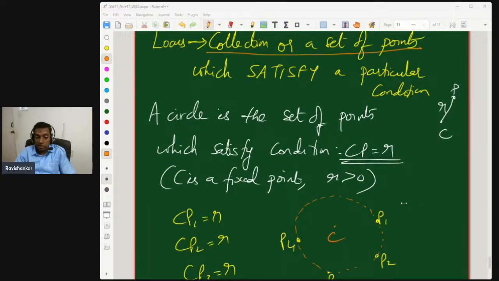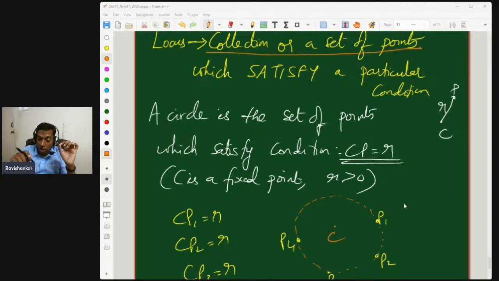In that question 12 or 14, I don't remember now, where there was a locus, I think it was question 14. The locus of the midpoints of the chords of the circle means, there is a given circle which has many chords.